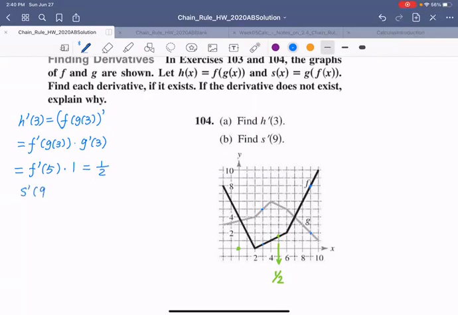Okay, now let's do s prime of 9. This is g of f of 9 derivative.